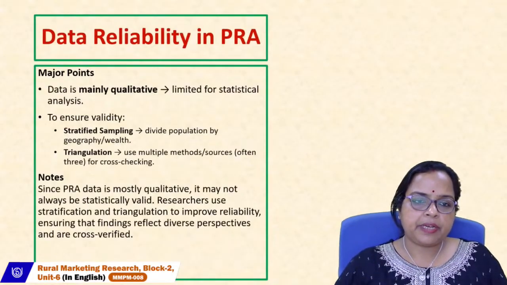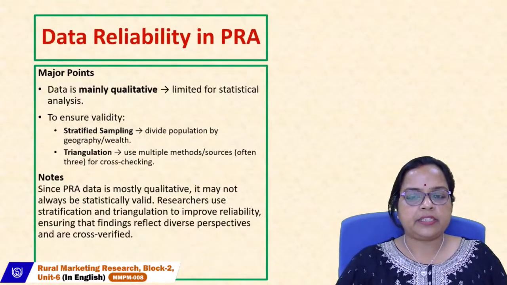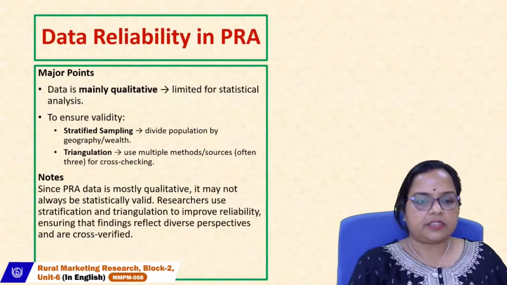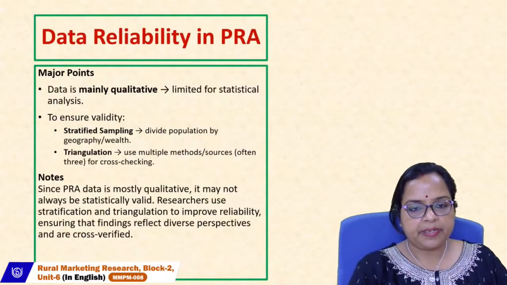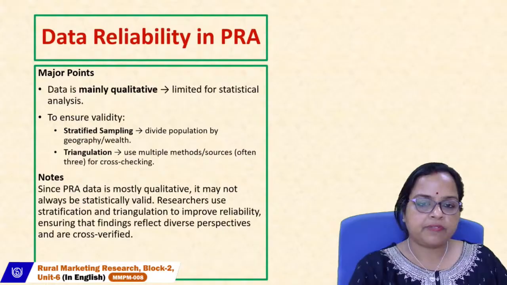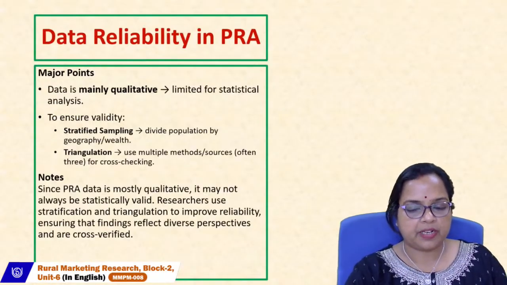Data reliability in PRA. Data is mainly qualitative in the PRA method and it is limited for statistical analysis. To ensure validity, you can do stratified sampling. What is stratified sampling? To divide the population by geography or by wealth as per your requirement. You have to create the strata for the sample collection.